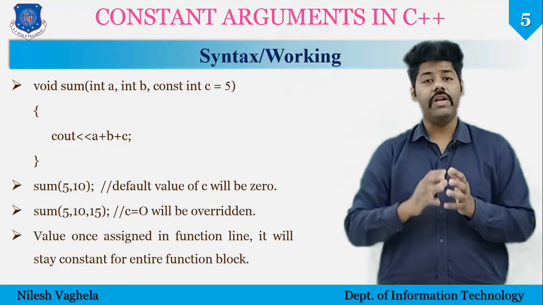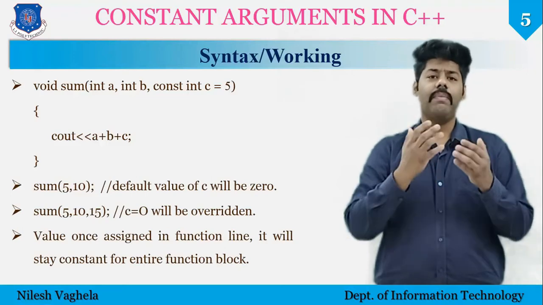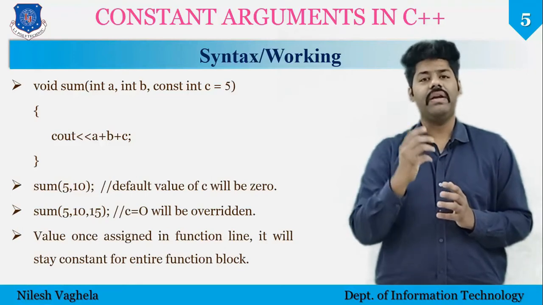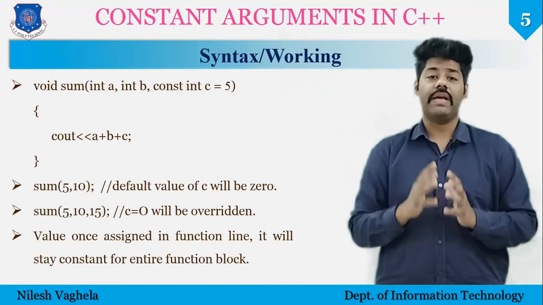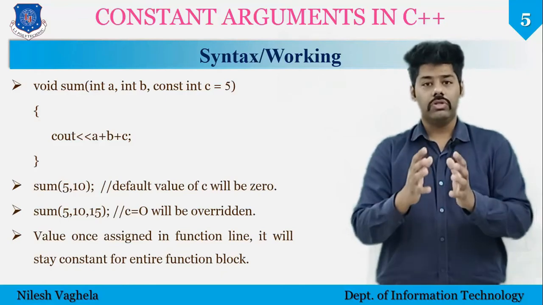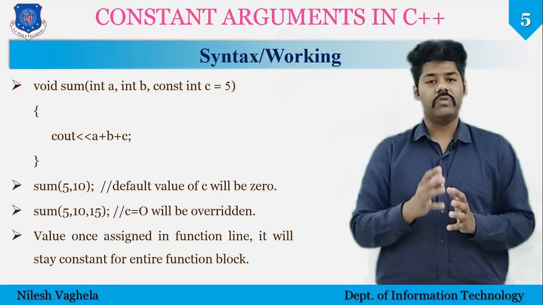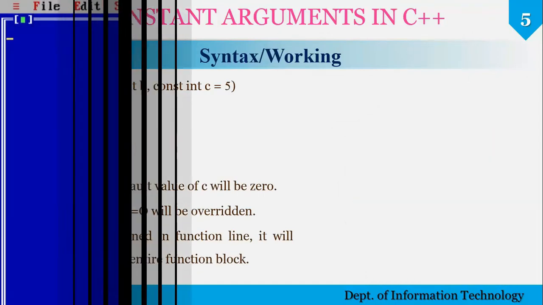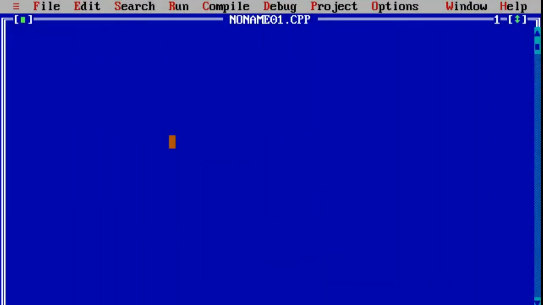So once the value of c has been finalized, either by the calling function or by the default argument, it is not going to change anywhere within that sum function. So stay tuned with us. Let's switch back to our IDE. We are in our IDE and we will see the program of constant argument. The concept is the same as default argument, so we will quickly make the default argument program first and then change it accordingly when needed.